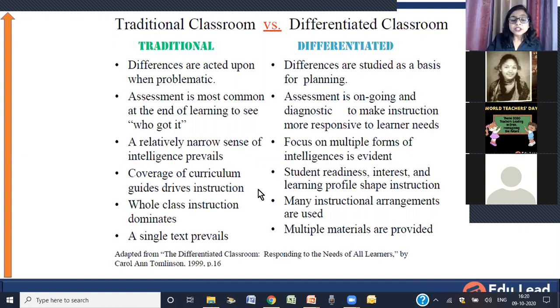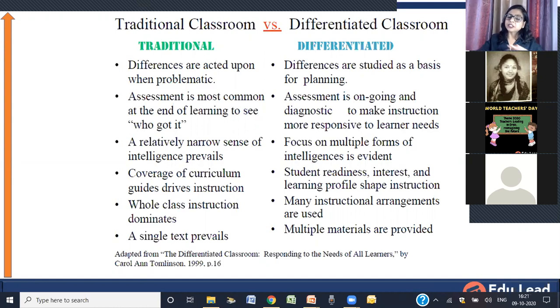Then coverage of curriculum drives the instruction. The main motto is that the curriculum needs to get finished. Over here, the students' readiness, the students' interest, and the students' learning profile, all of these things are important to design the instructions. Okay. In a traditional classroom, you find that the whole class instruction dominates.